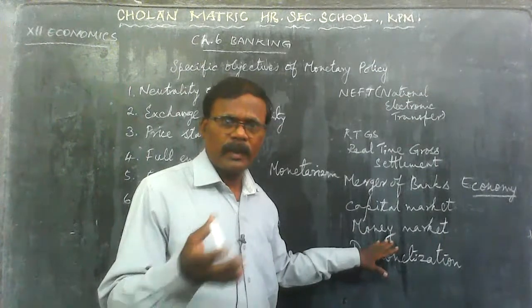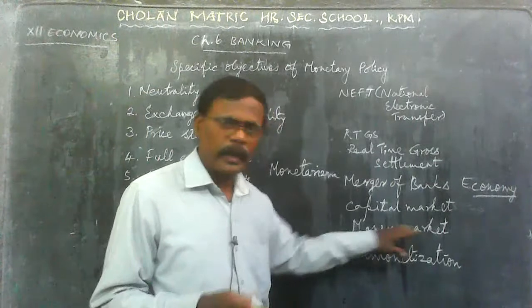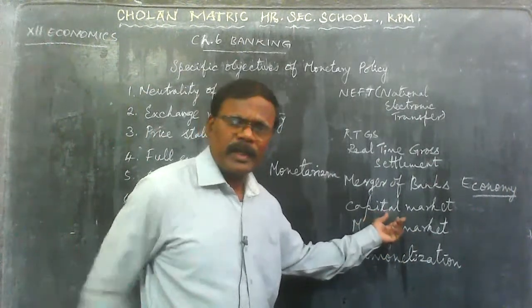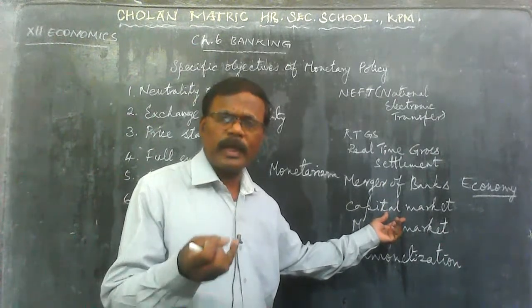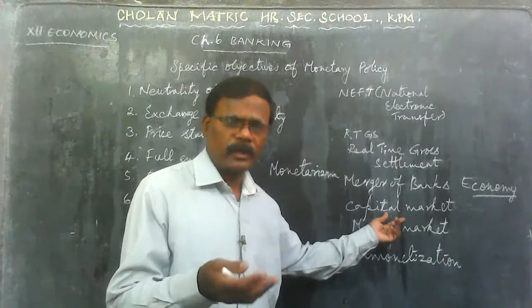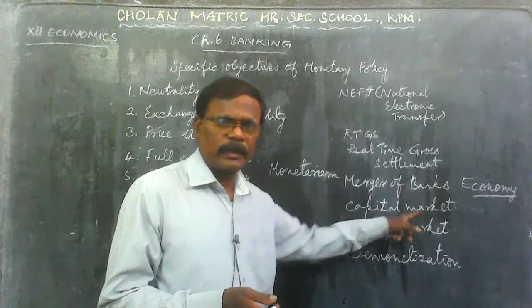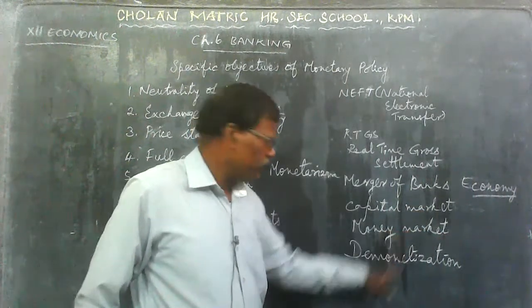Loaned and borrowed is done under the money market. The market which deals with investment instruments like bonds, equities, and mortgages, all these come under the capital market. So this is about capital market and money market.